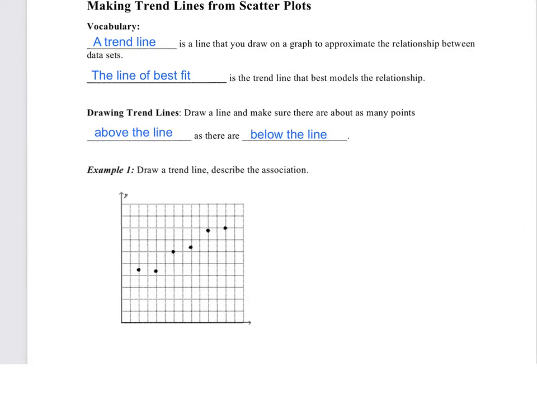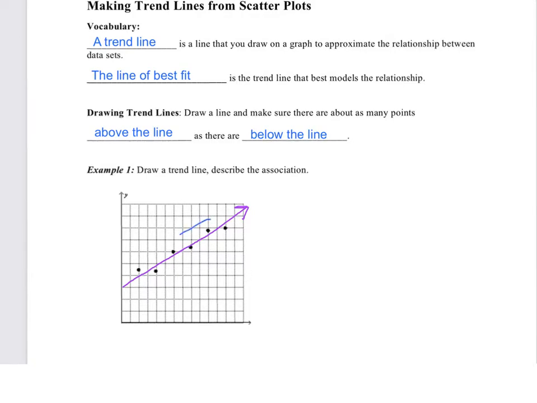It says, draw a trend line and describe the association, also known as the correlation. So here's our scatter plot. If you notice here, we have 3 above and 3 below. What you want to do is draw your trend line or line of best fit in between those coordinates that were graphed.